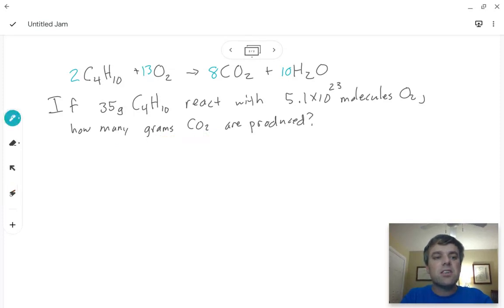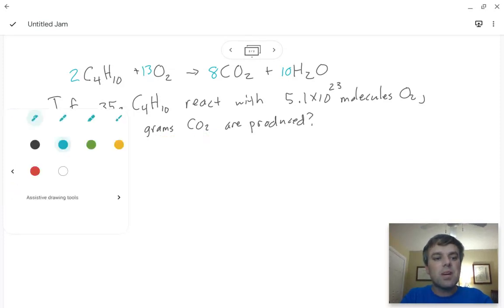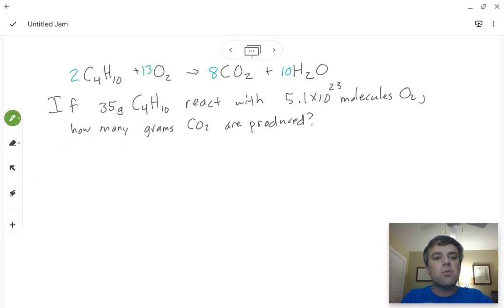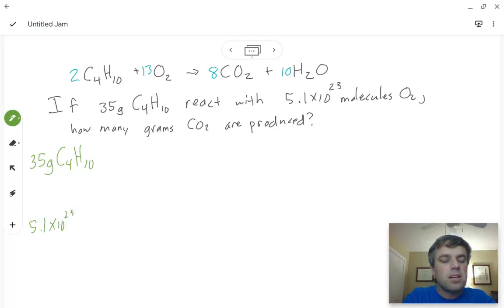So the key indicator that you're doing a limiting reactant problem is that you're starting with 2 different things. We're starting with 35 grams of butane, and we're starting with 5.1 times 10 to the 23rd molecules of oxygen.